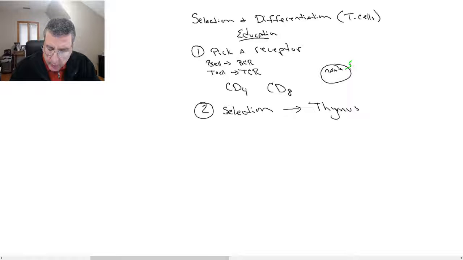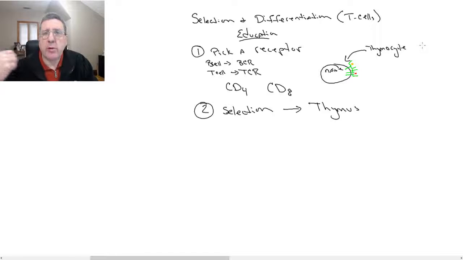I think we did this, and let me do self, and let me just do a viral one here, something like that. Okay, so those are naive. This is called a thymocyte. It's immunoincompetent, or it's a naive T cell. So they go to the thymus for education to become a little bit more mature.